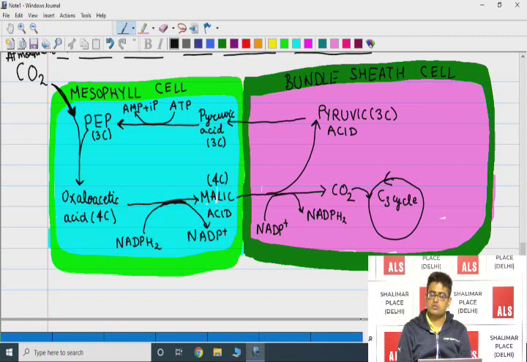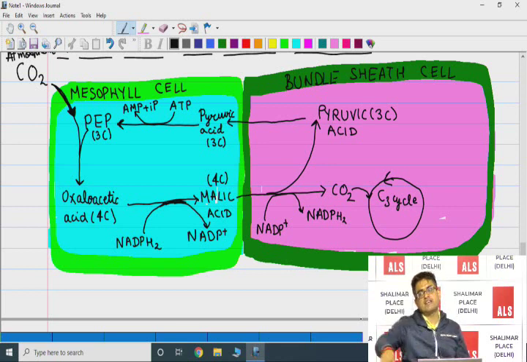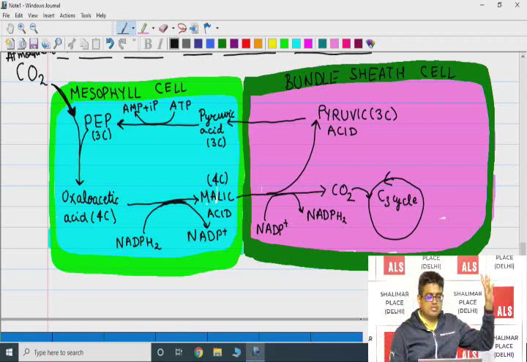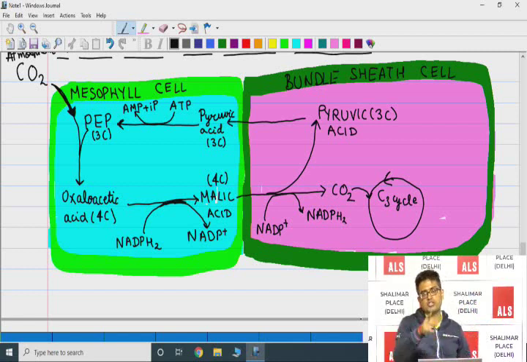So if you are calculating the energy requirement of transporting 1 carbon dioxide molecule, NADPH2 is consumed in making malic acid. But when malic acid is breaking down, it liberates 1 molecule NADPH2 again, right? So 1 plus 1 minus equal to 0, 0 NADPH2. And CO2, when it enters the C3 cycle, again 18 ATP, 12 NADPH2 will be used, just like Calvin cycle. That is fixed. But what about the transportation cost?